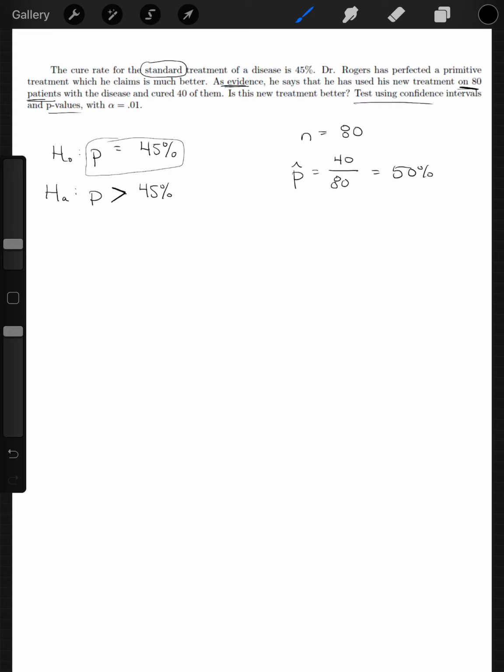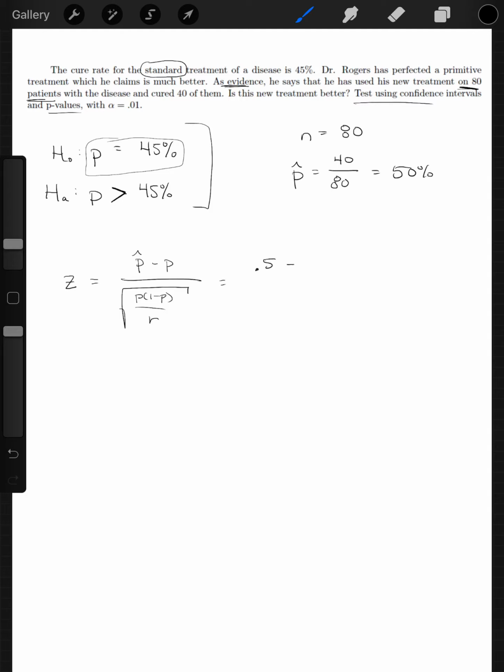So we have our two hypotheses set up here, right? And we mentioned that our test statistic for proportion is always going to be a z, and it's p hat minus p divided by the square root of p times 1 minus p over n.